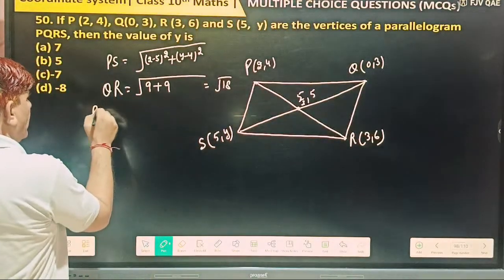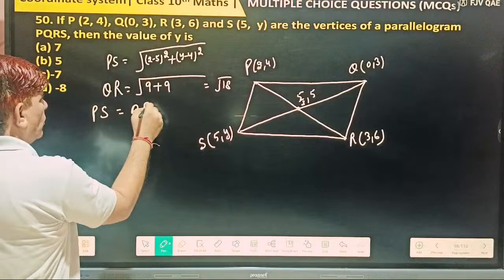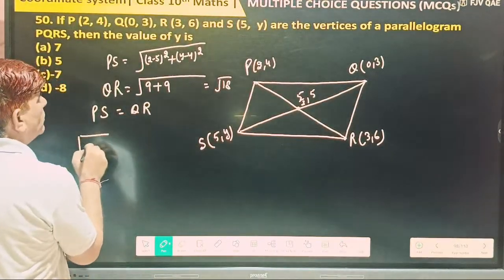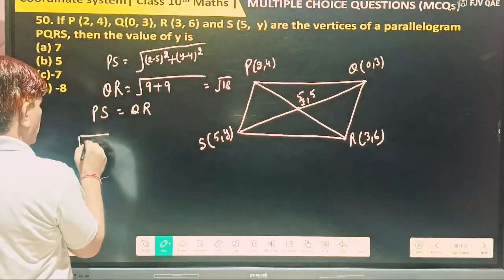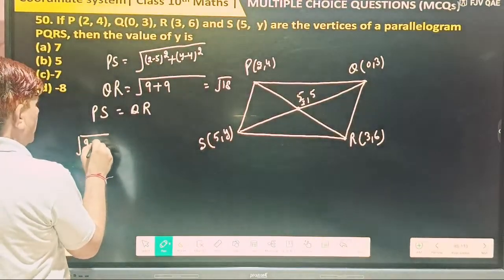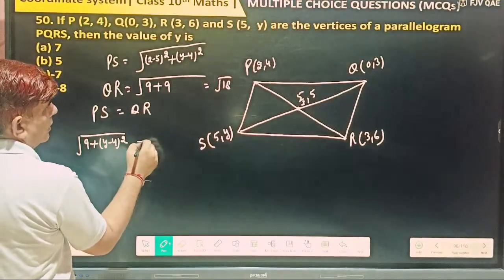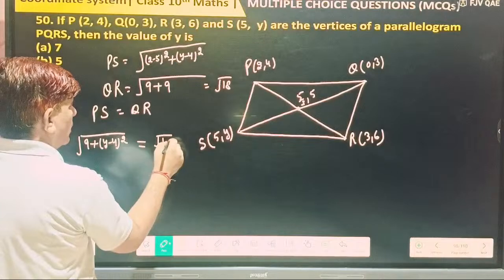So PS equals QR. So it means under the root 2 minus 5, 3, 3, 9 plus y minus 4 whole square is equal to under root 18.